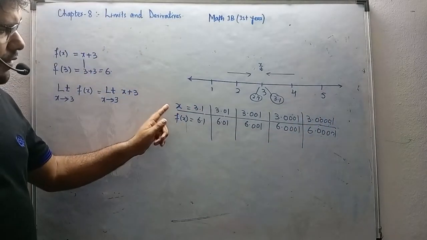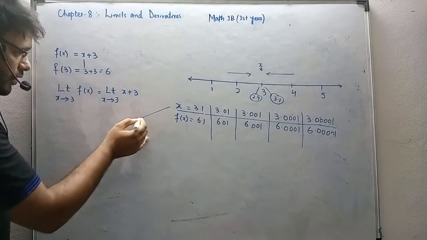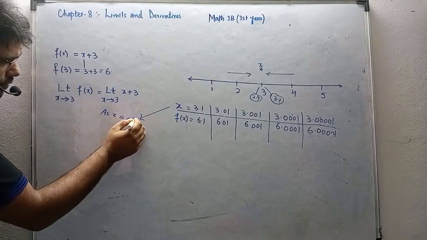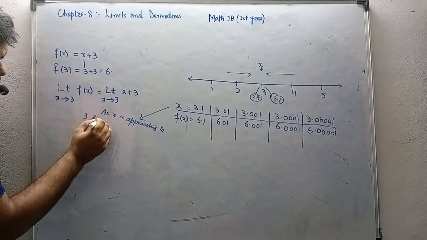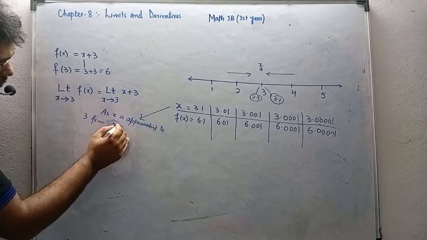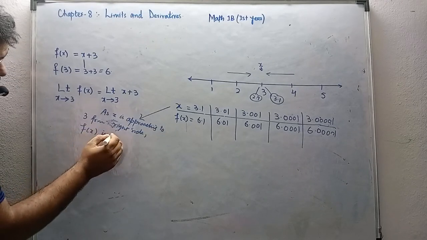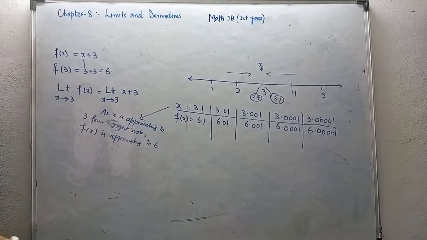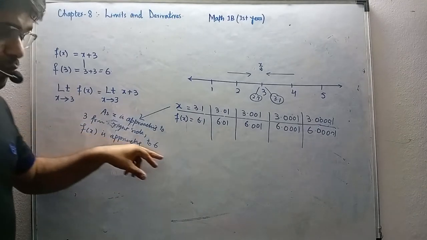So we can say that when x is approaching 3 from the right side, f(x) is approaching 6. As x is approaching 3 from the right side, f(x) is approaching 6.